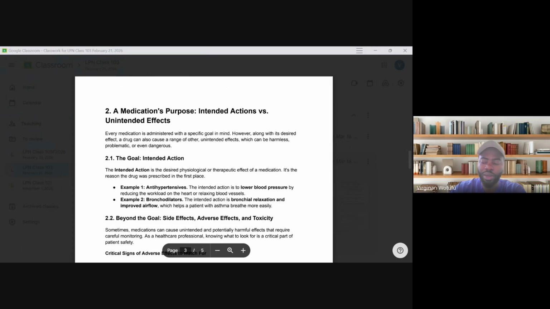I don't know if someone can help with the difference between the three: side effects, toxic effects, and adverse effects. Can we have someone help us with the difference?